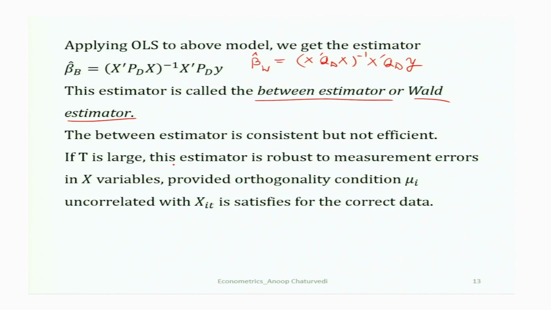So, this estimator is robust to measurement errors in x variables. The only condition is that the orthogonality condition, mu i uncorrelated with x i t, is satisfied for the correct data. So, as long as for the correct data this condition is satisfied, the estimator is robust to measurement errors.